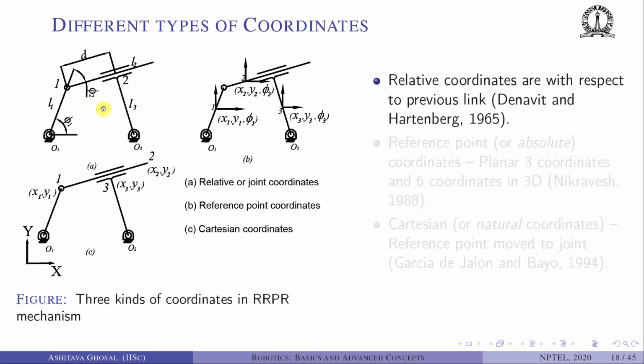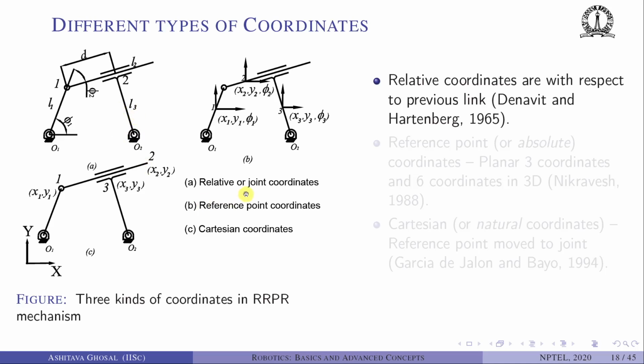Of course it is 1 degree of freedom, but remember in the 4-bar mechanism we said there are 4 joint angles which give the configuration of this mechanism. Maybe phi 1 is the single actuated degree of freedom, but we need these two to easily say this is the configuration of this RRPR mechanism.